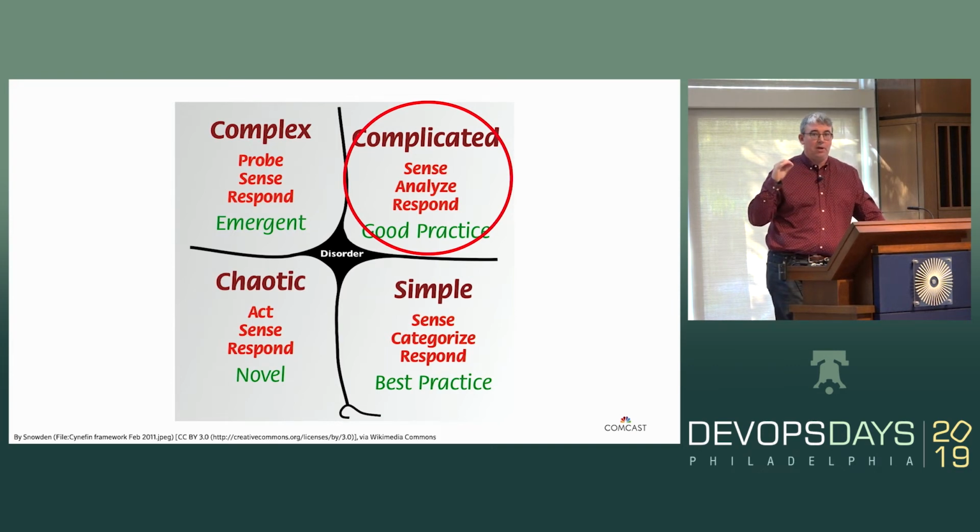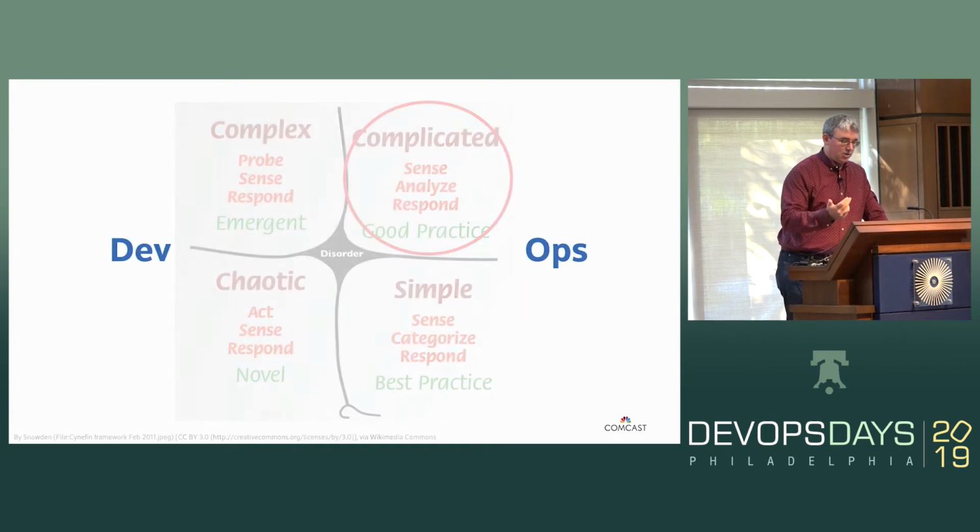And so I think my main thesis is that the software industry started in this complicated problem domain, and a lot of the ways that we think and even talk about what we do trace their roots to this way of thinking about the problem. Just the fact that we say build and operate, or that we have dev and ops as separate things. And I think we can't do that anymore.